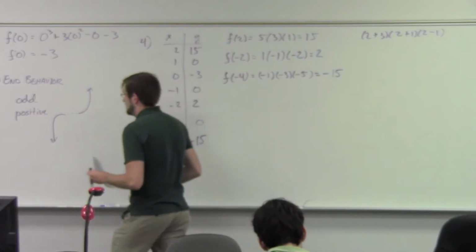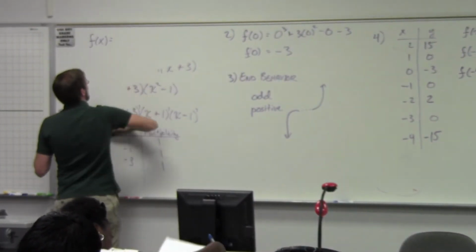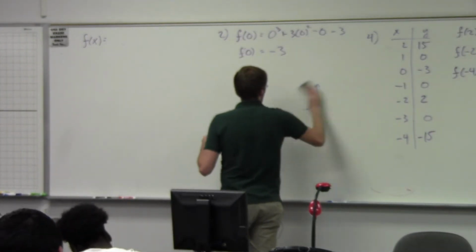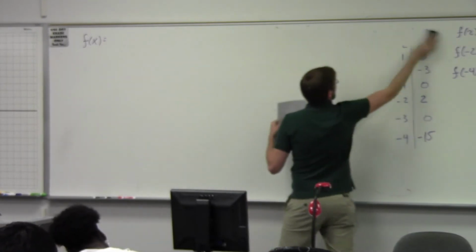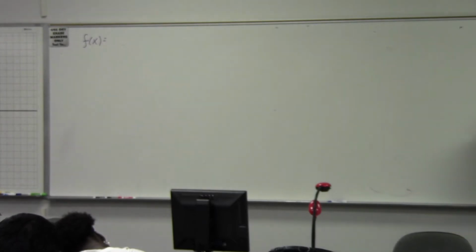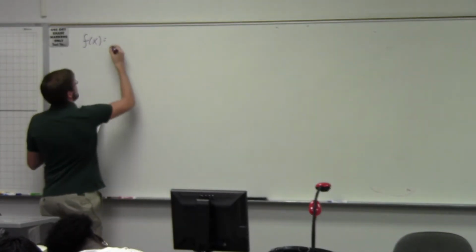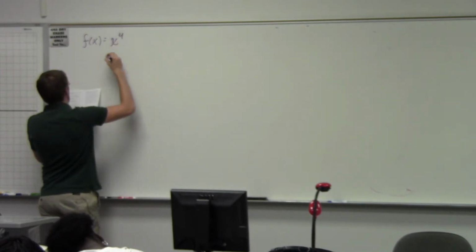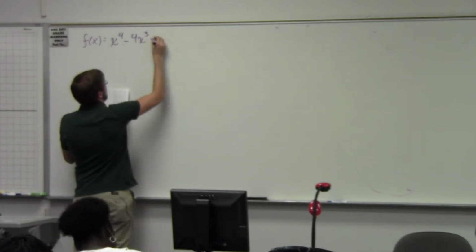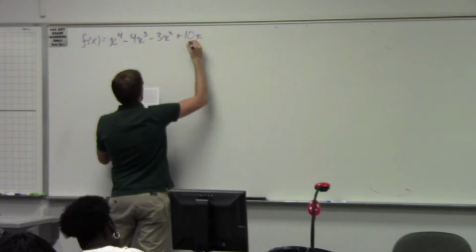All right, so let's go on to the next one. Okay, so our new function now is x to the 4th power minus 4x cubed minus 3x squared plus 10x plus 8.